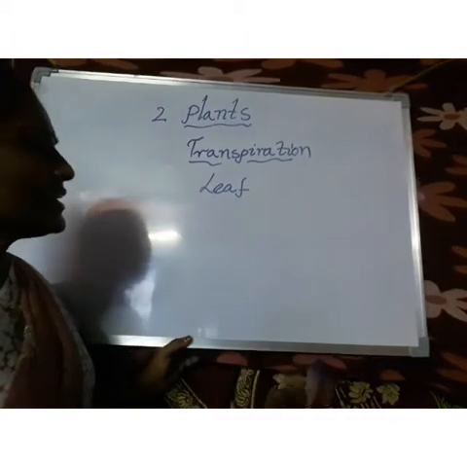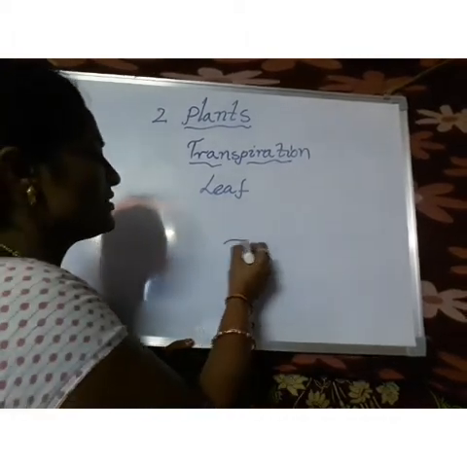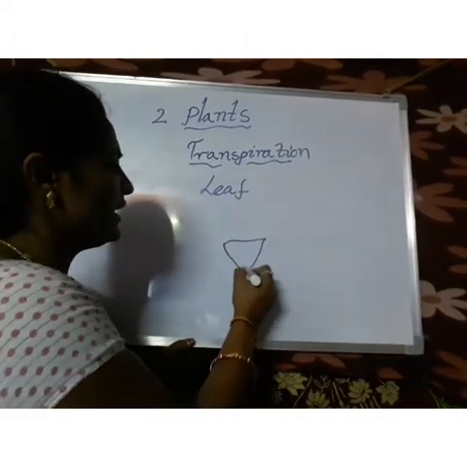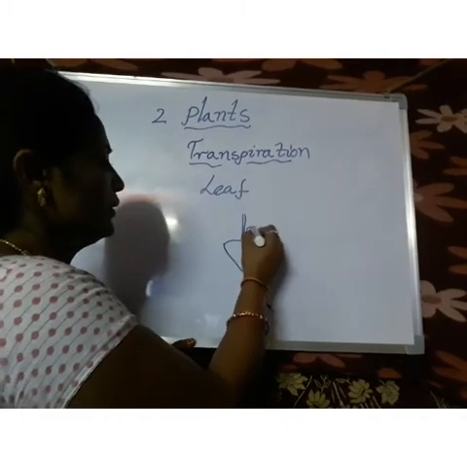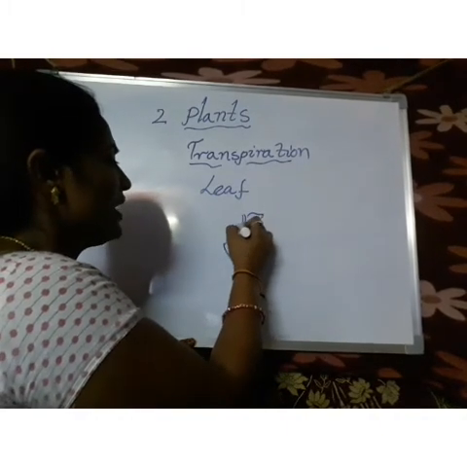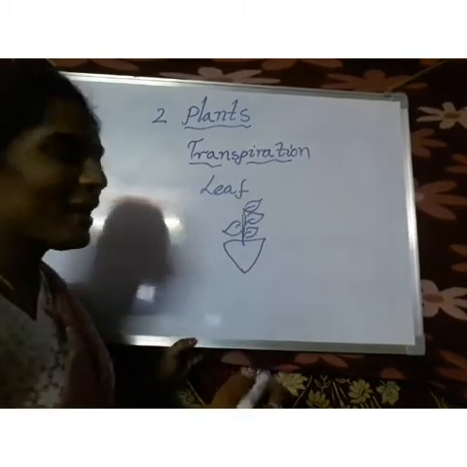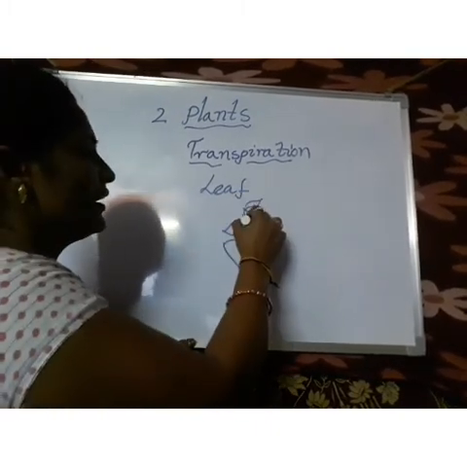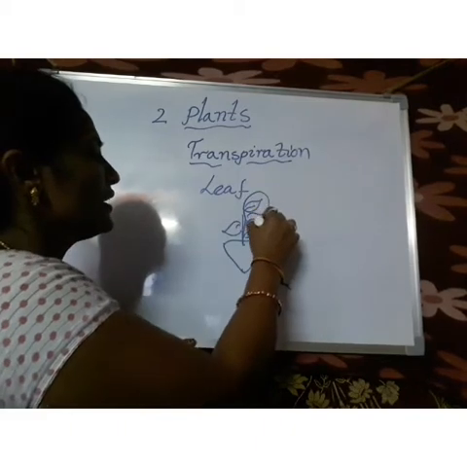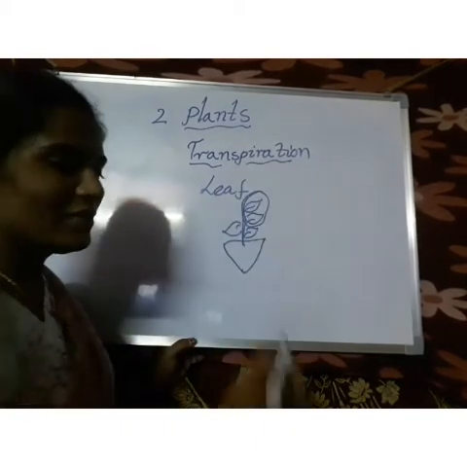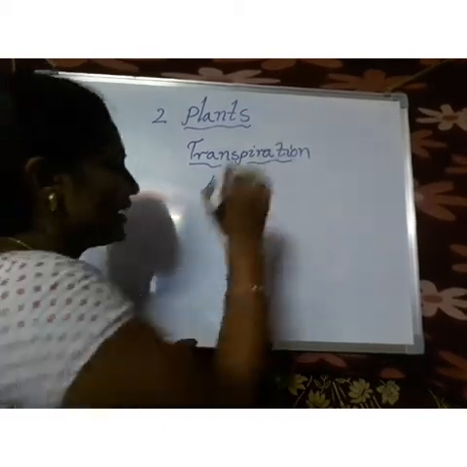Okay, and in the textbook, coming to that activity, one plant is there, and here what they have given is, from one branch take one polythene cover and knot 2 or 3 leaves inside that polythene cover.